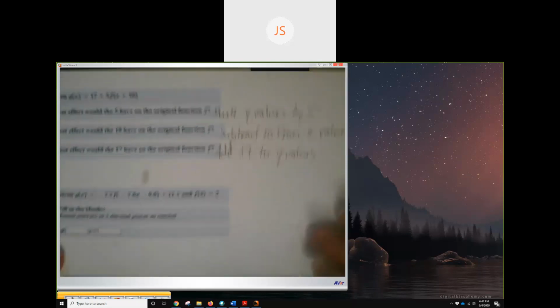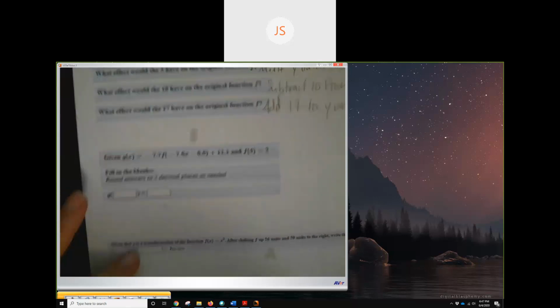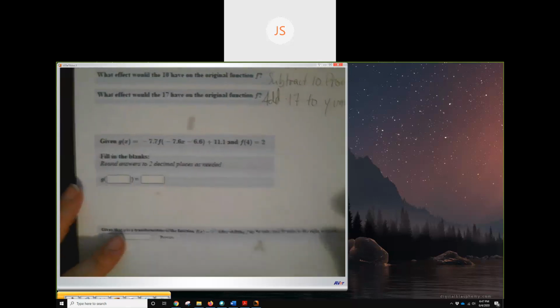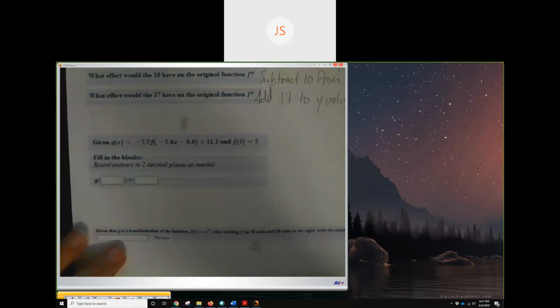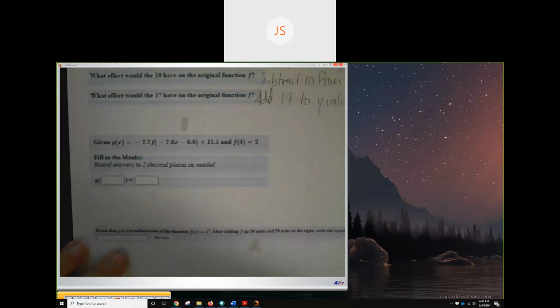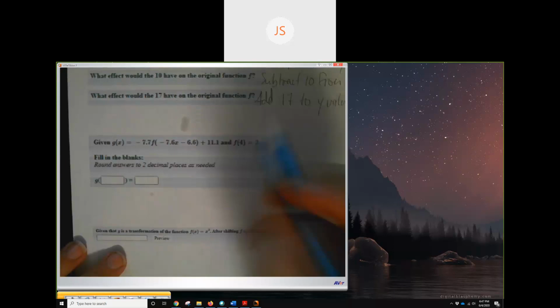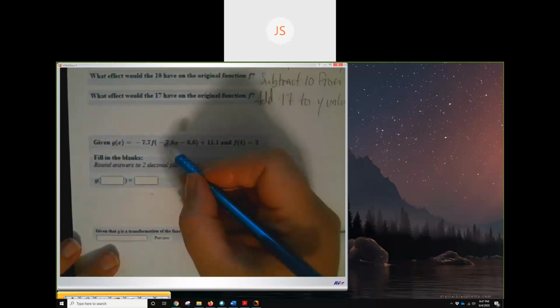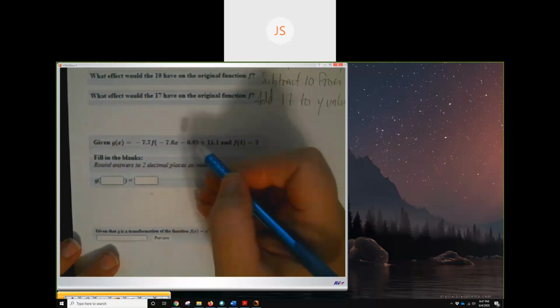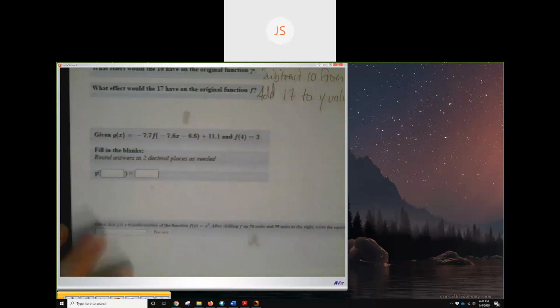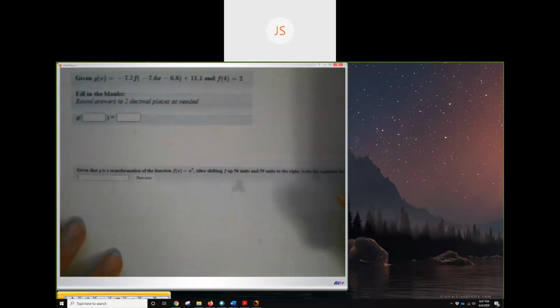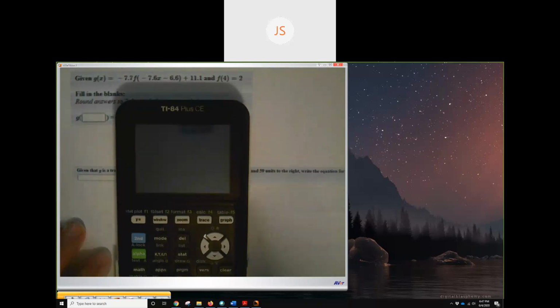And so now, having said that, let's look at this question, which I felt was super weird. So we do the opposite of what you expect to the x. Here, it looks like you would multiply it by this and then subtract by this, but no, we do the opposite of that. And we do it in the opposite order. So instead of multiplying and then subtracting, we're going to add.